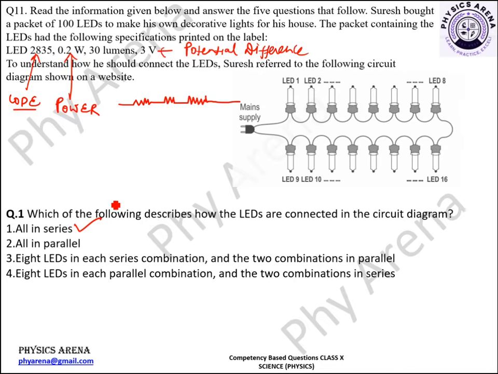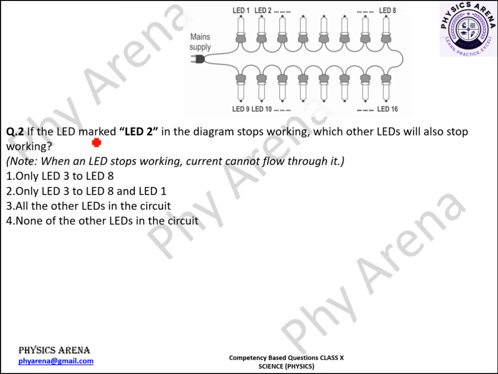Let's take question number 2. If the LED marked LED2 in the diagram stops working, which other LEDs will also stop working? So this LED has stopped working. Now what has happened? There is a break in the circuit because the LED has stopped working, so the current cannot flow through the circuit.